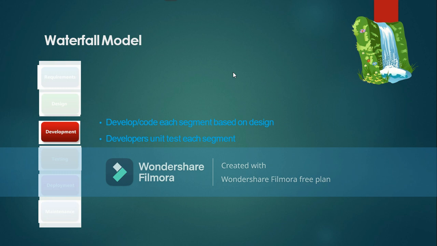Unit testing is you are testing each module of your code, on your side, in whatever software you are using to develop, and you are trying to run it just to see that it's not failing anywhere, you are not getting any kind of errors. So all this is done by the development.